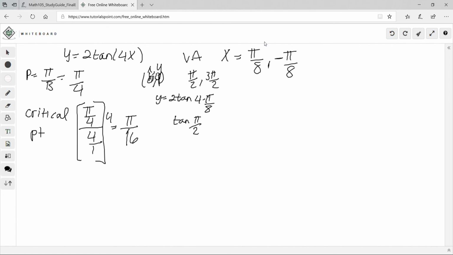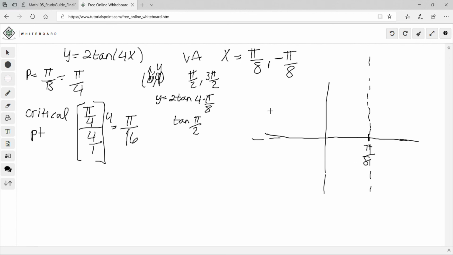So when you graph it, it's going to look something like this. One of our asymptotes is pi eighths, so it's right here. And our other asymptote is at negative pi eighths.